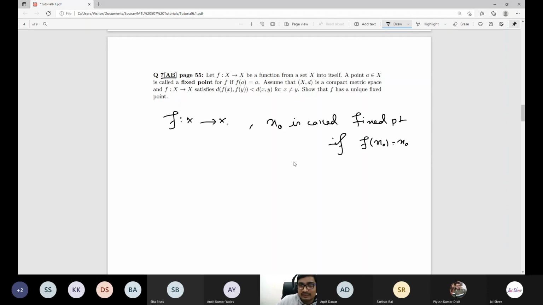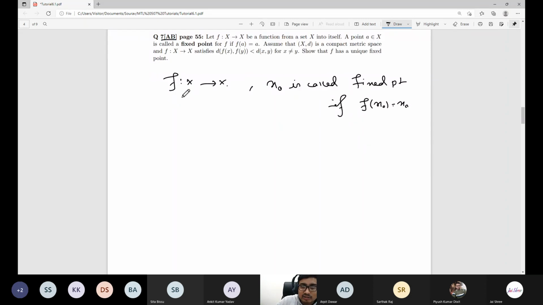Now the condition given is that (X, d) is a compact metric space, and f from X to X satisfies that if you take the images f(x) and f(y), then their distance is strictly less than the distance between x and y whenever x and y are not equal. Of course if they are equal, then both are 0. You have to prove that this space has a unique fixed point.